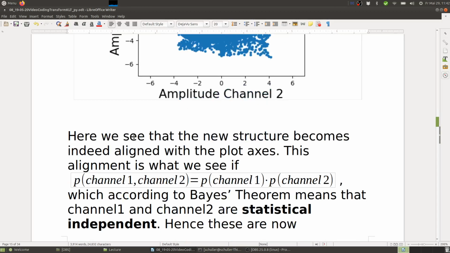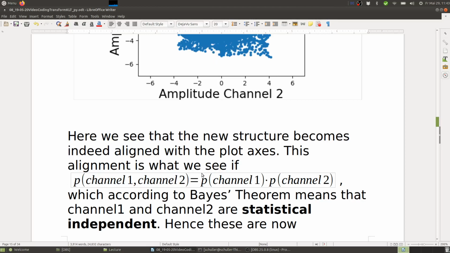Yeah, so here we see that the new structure becomes indeed aligned with the plot axis, and this alignment is also what we see if we assume that this PDF is separable, which means it can be written as a multiplication of two one-dimensional functions. So here we have the two-dimensional PDF of channel 1 and channel 2. So this is what we here see, right?